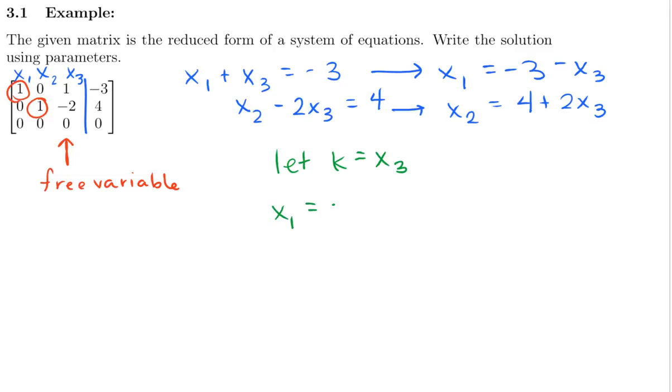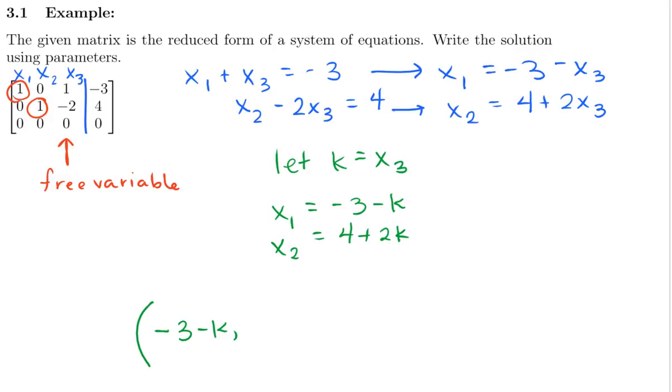Now we can write our solution. x1 has to be negative 3 minus k, and x2 has to be 4 plus 2k. This is what we call writing our solution in parametric form. Typically, though, we will write it in parametric form as a coordinate point. So writing this as a coordinate point, my x1 value is negative 3 minus k.